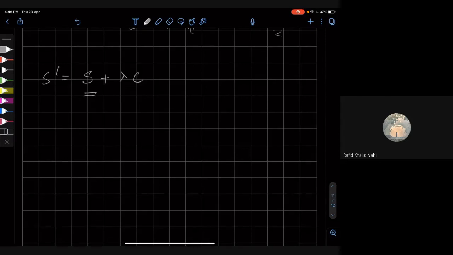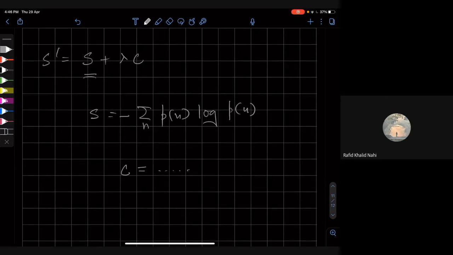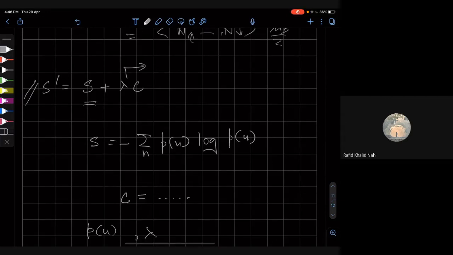So S is going to be minus sum over n of Pn log Pn. And then C is going to be a constraint that depends on what it is we are trying to derive. And we extremize S prime with respect to both, say, P of n as well as lambda. So lambda here is known as a Lagrange multiplier.